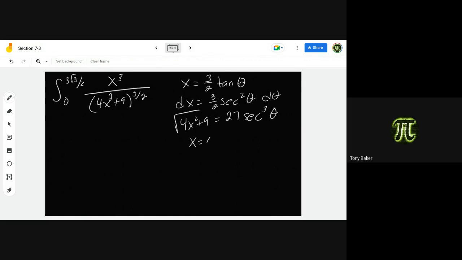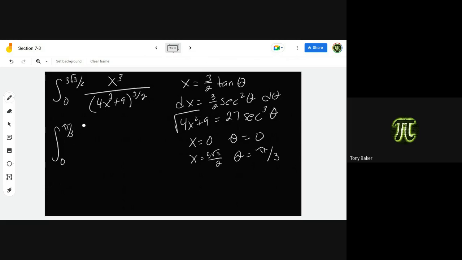And then x equals 0 was theta equals 0. And x equals 3 square root of 3/2 is theta equals pi/3.